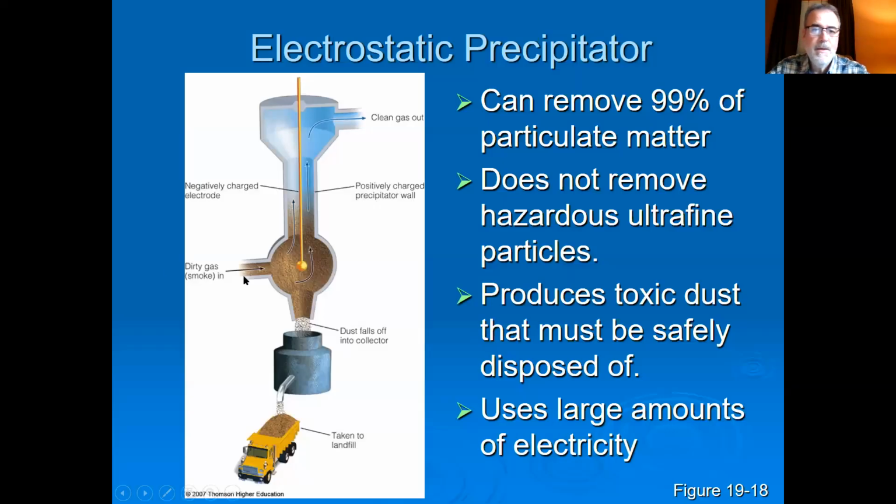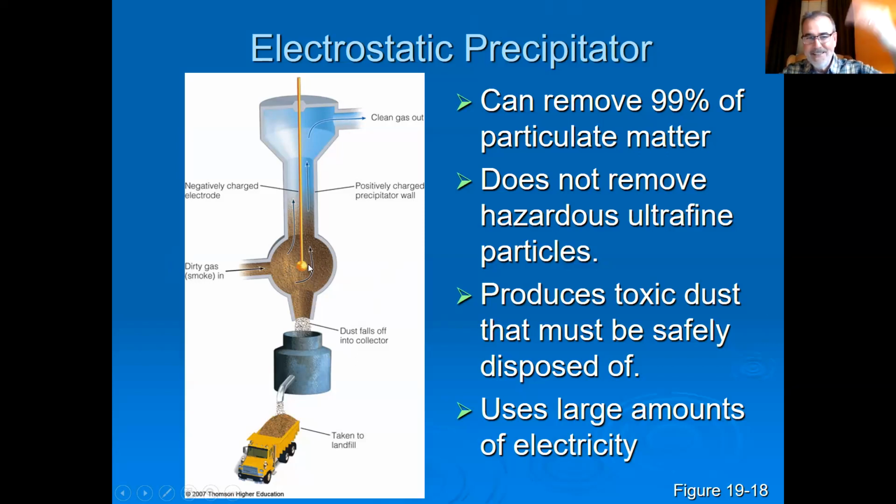All right. So imagine here's the dirty gas, and again, instead of going out into the atmosphere, it goes through the electrostatic precipitator. What we have here is an electrode that has a charge. All the particulate matter is floating up, and it sticks to it. Up to 99% of the particulate matter gets sucked in and sticks to this electrode.